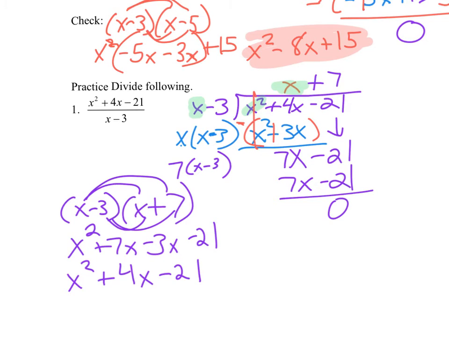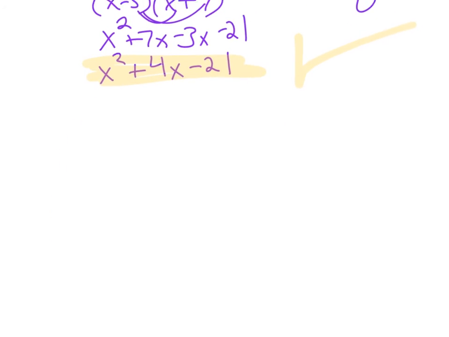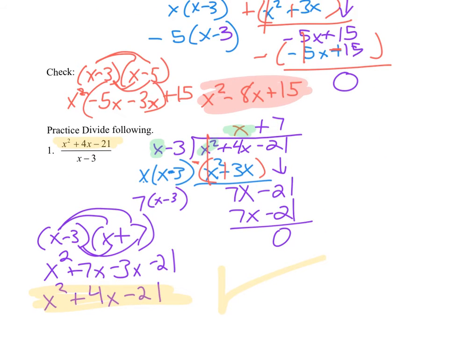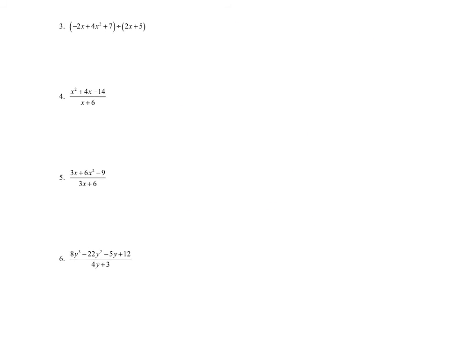And sure enough, notice that is indeed what I have. X squared plus 4x minus 21. X squared plus 4x minus 21. Check. Whee! All right.